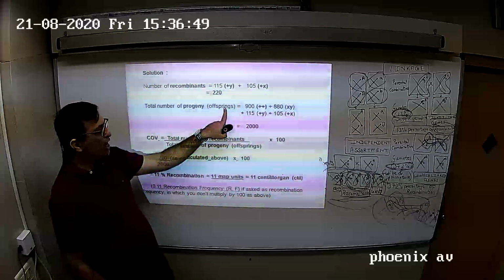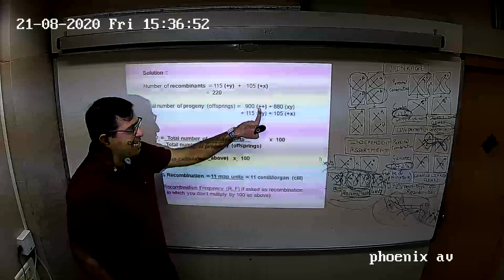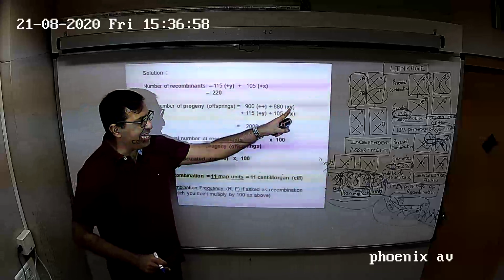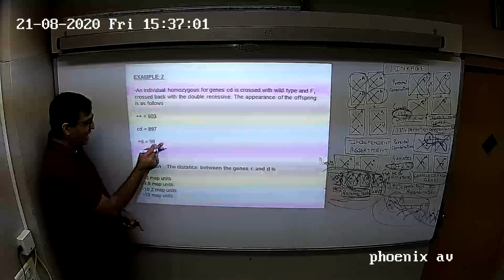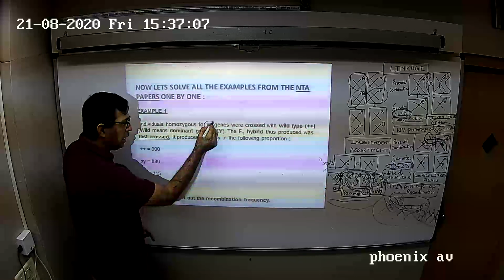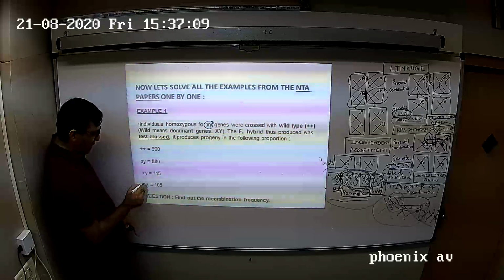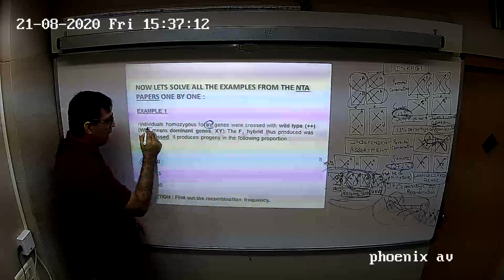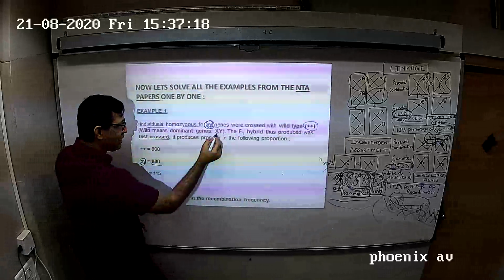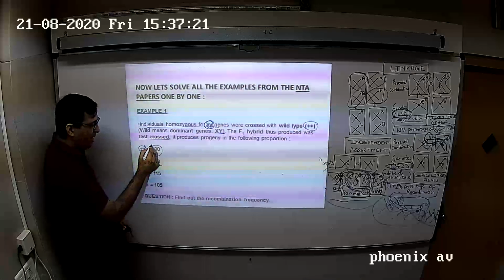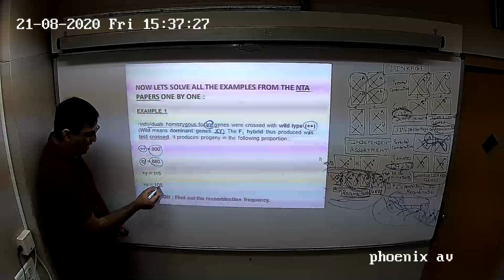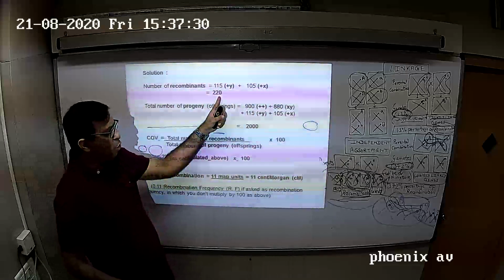And the total number of offspring: XY parental are 880, and the plus plus, capital X capital Y parental are 900. Recombinants are 115 and 105, which is 220.